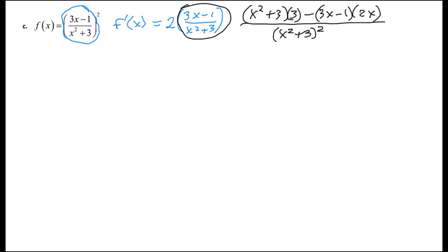And again, in black, I'm just working on the derivative of u, as it were. So then I've got x squared times 3, so 3x squared, plus 9, minus 3x times 2x, so minus 6x squared, and then minus 1, actually it's a minus 1 times 2x, so it's plus 2x. All of that's over this.